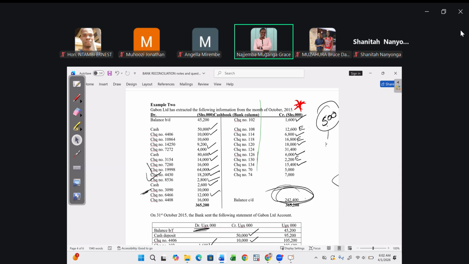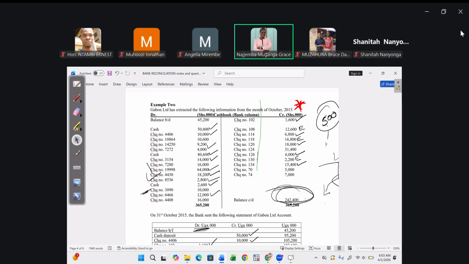Now, two is which side do you put it in the adjusted cash book? You remember the principle that we looked at when you're balancing off ledgers? If the carried down is on the credit side, brought down opening balance will be on the debit side. The cash book normally has a normal debit balance. However, the bank can also have a credit balance in case we had a bank overdraft.